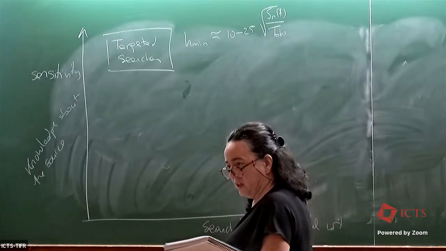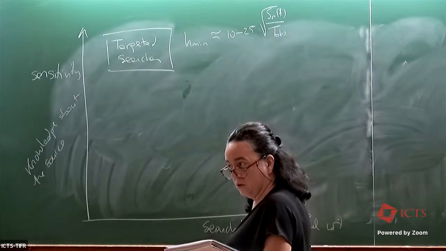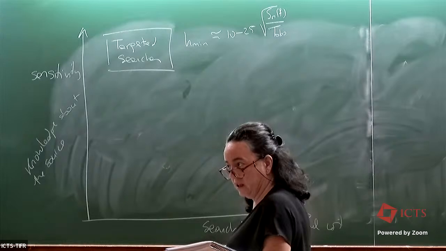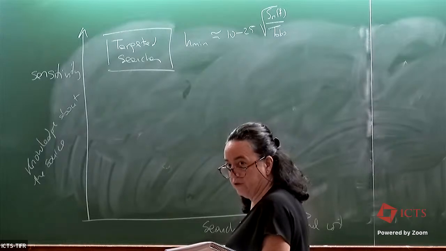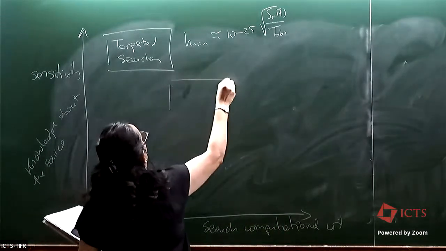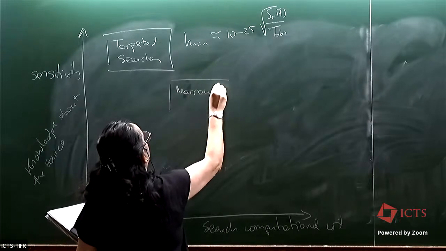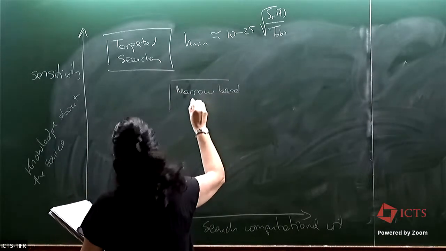I could relax this a little bit from being exactly phase locked to the electromagnetic signal, in case there is some unknown physics. And for known pulsars, I could do narrow band searches.